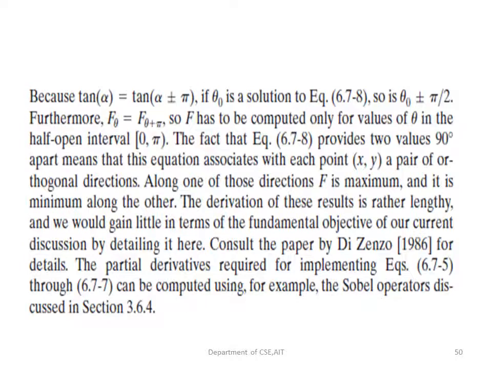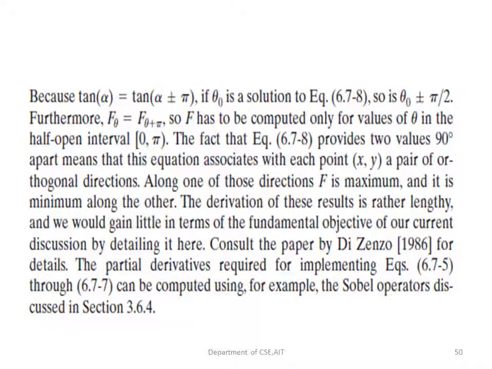Because tan alpha is equal to tan of alpha plus or minus pi, if theta naught is a solution, then theta naught plus or minus pi by 2 is also a solution. Furthermore, f of theta is equal to f of theta plus pi, so f has to be computed only for values of theta in the half open interval from 0 to pi.